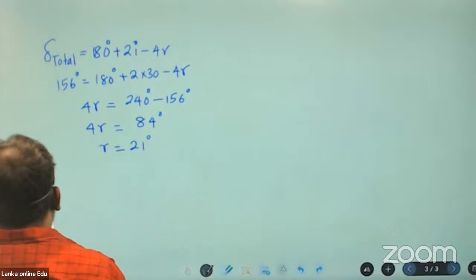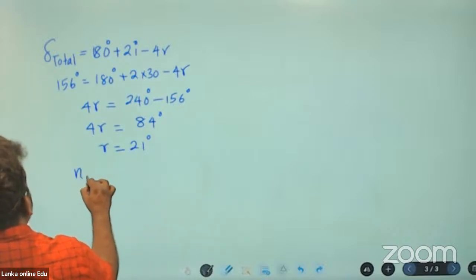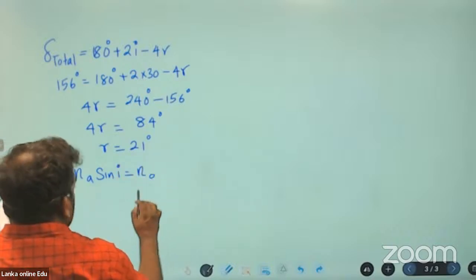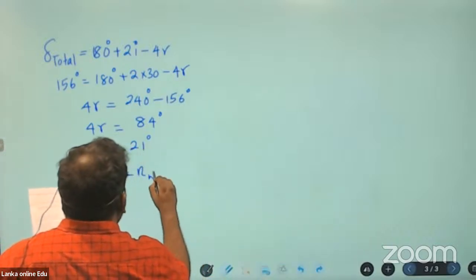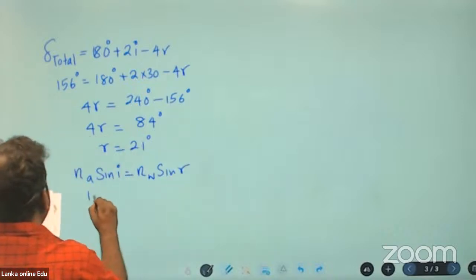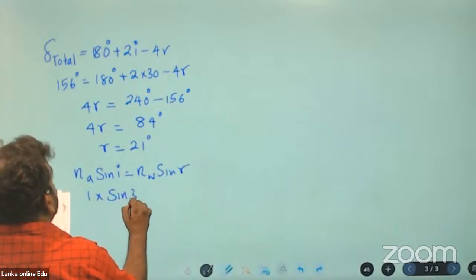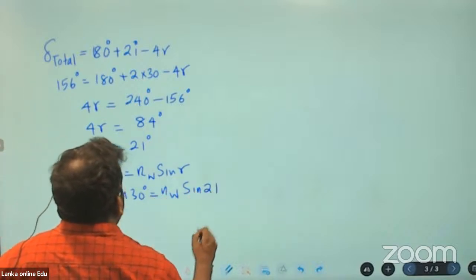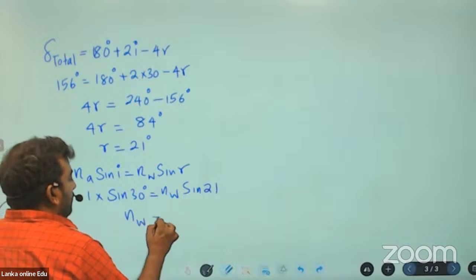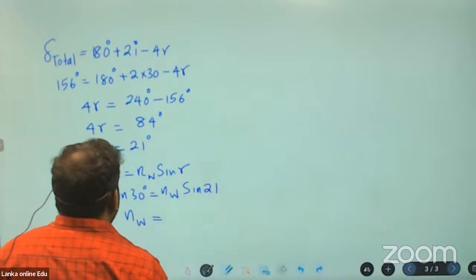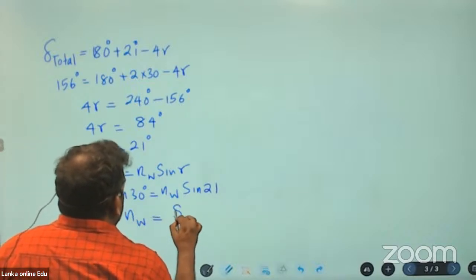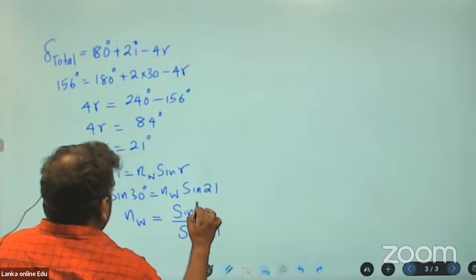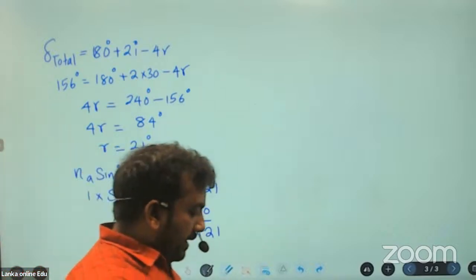Calculate the refractive index. That's the whole idea. So NA sin I equals NW sin R. Sin 30 equals NW sin 21. NW is equal to sin 30 divided by sin 21.